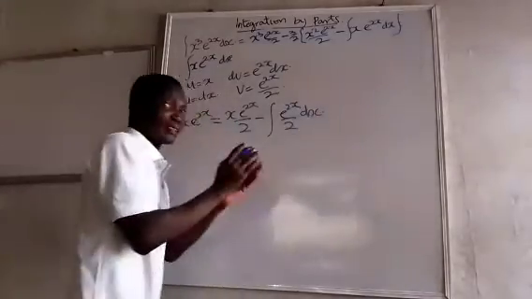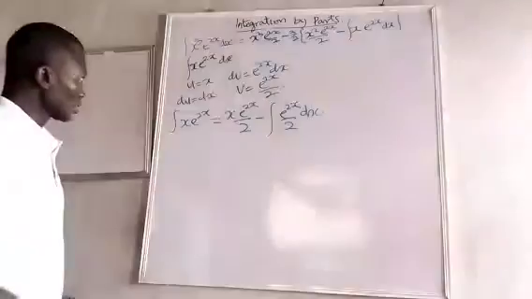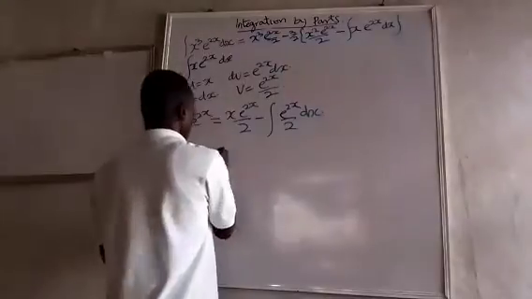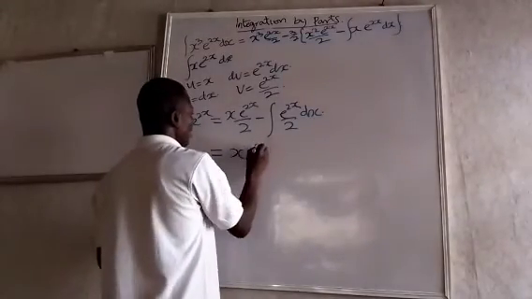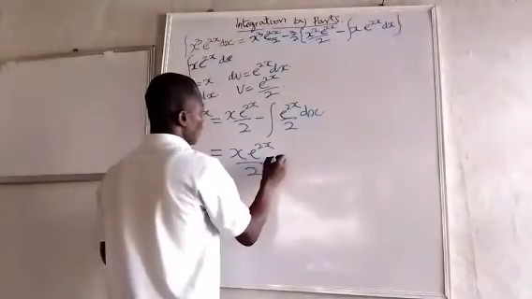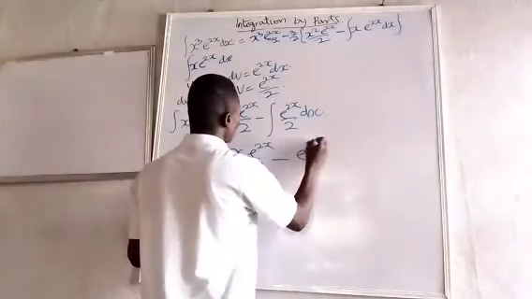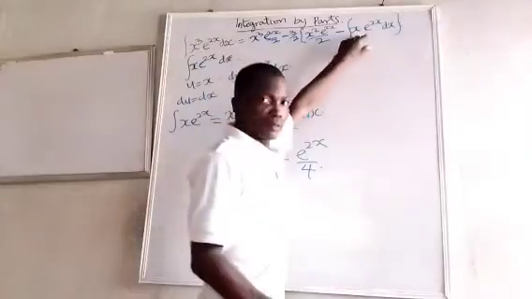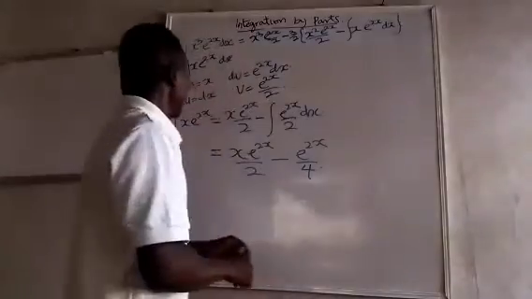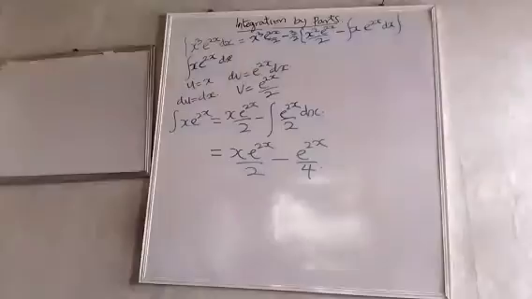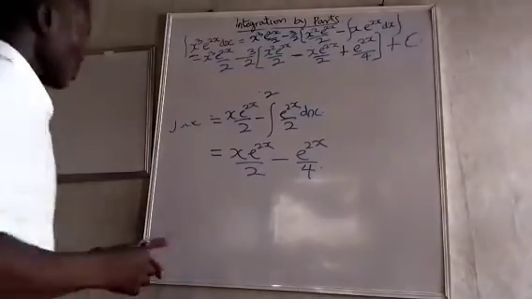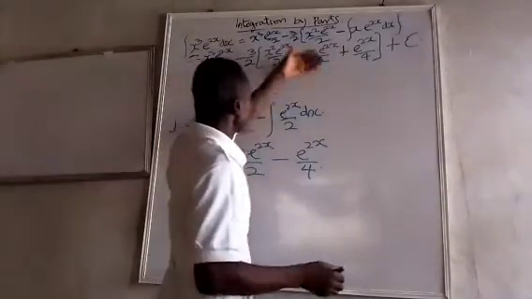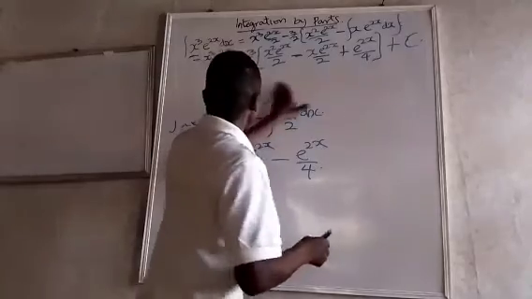So you can see everything has now become simplified. It's going to be x e raised to the power 2x over 2 minus e raised to the power 2x over 4. So I have to substitute this one in this place. So I have substituted this into this expression, so I can easily work everything out now.